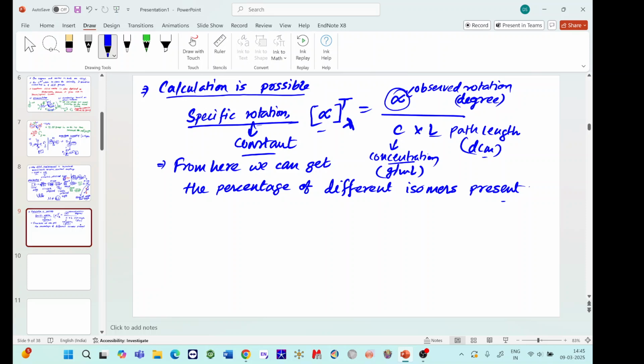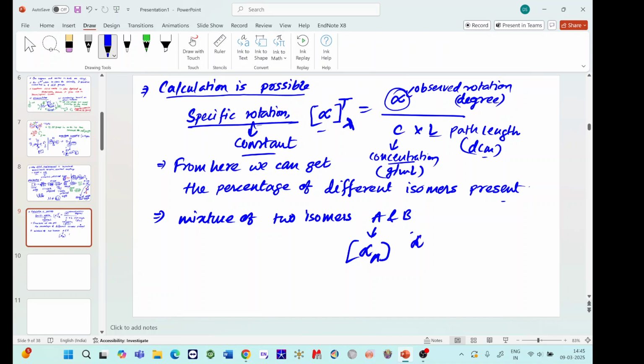Suppose you have a mixture of two isomers, A and B. A has a different specific rotation, B has a different specific rotation.